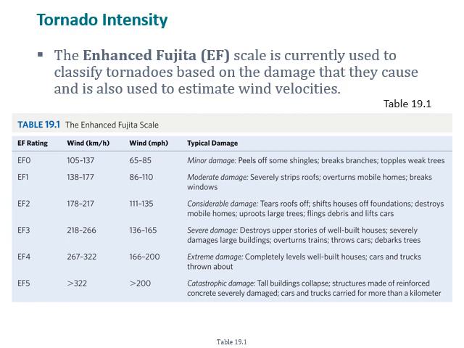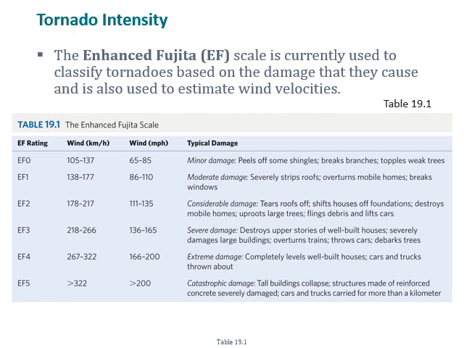A few slides ago, I mentioned that we can measure the strength or intensity of tornadoes based on a standard scale. This is known as the enhanced Fujita scale, and it's currently used to classify tornadoes based on the damage they cause, and it's used to estimate wind velocities.